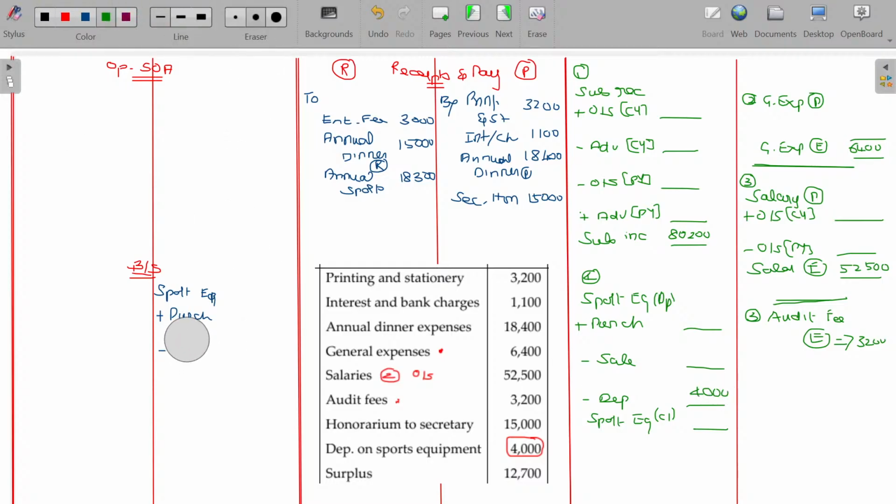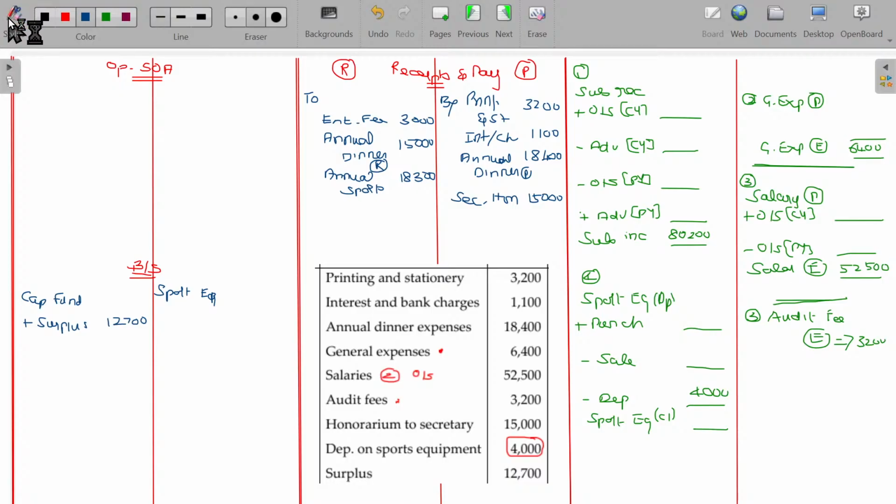Now tell me, how will you show the surplus? Capital fund, what you have in the beginning, with that you have to add surplus. This value being 12,700.